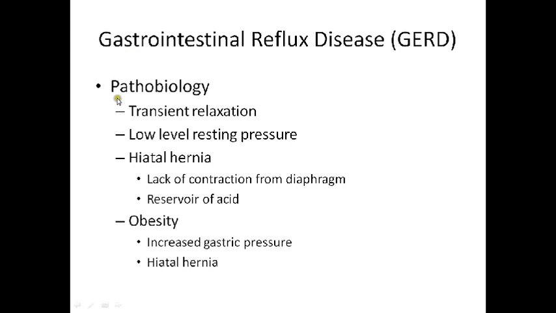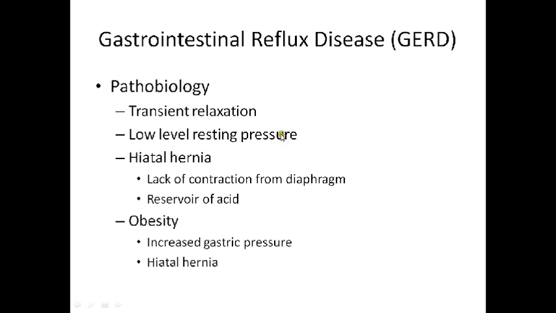There is also the pathobiology of GERD. Again, it's a transient relaxation. It gets worse and worse, though, if not treated, or if it's very advanced. There's an automatic low-level resting pressure, so most of the time it's not contracted the way it should be contracted.